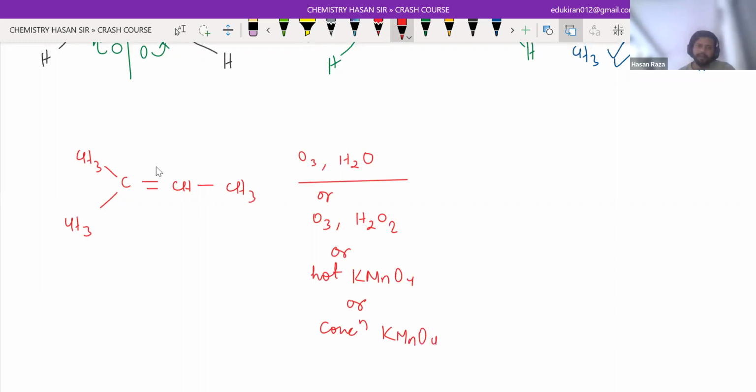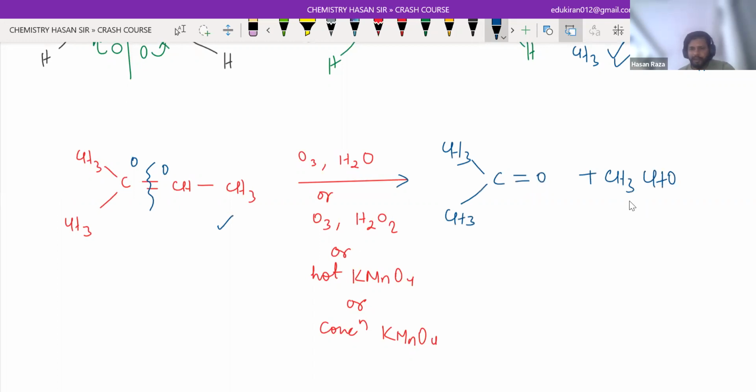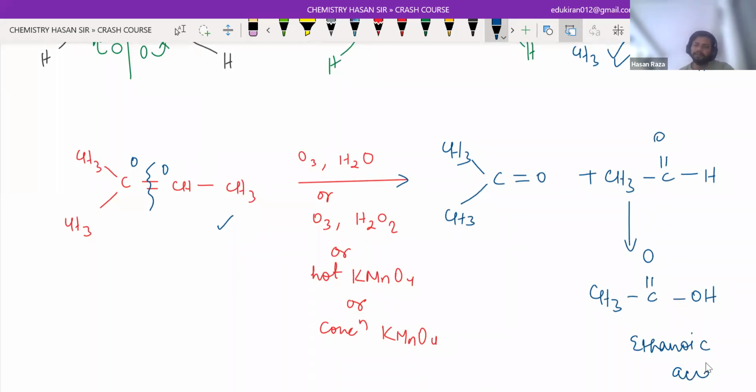Ozonolysis will take place in the same way. See, this is your ketone, and the next one is your aldehyde. But this aldehyde will be further oxidized, I'm going to write it in an expanded form, into carboxylic acid, ethanoic acid.